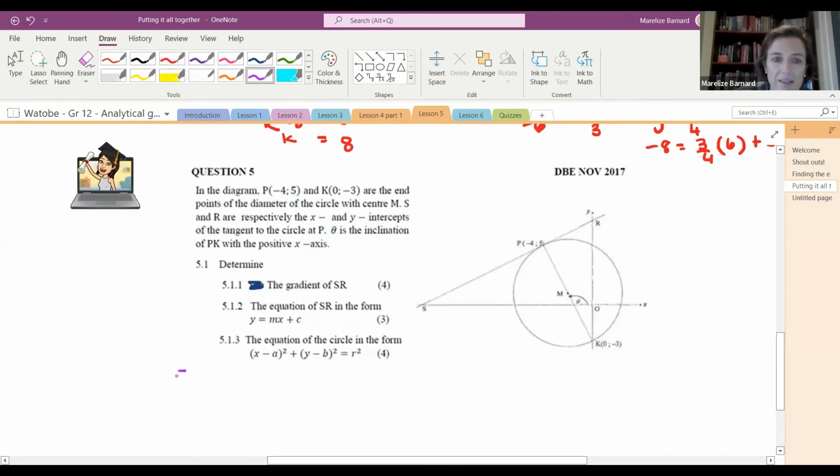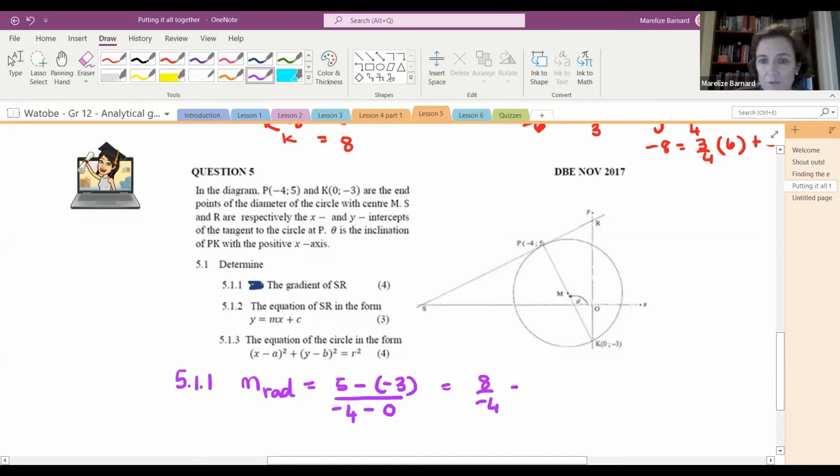So for 5.1.1, the gradient of the radius is going to be (5 - 3) over (-4 - 0). And that gives me 8 over -4, and that is -2. So the gradient of SR is going to be 1 over 2.